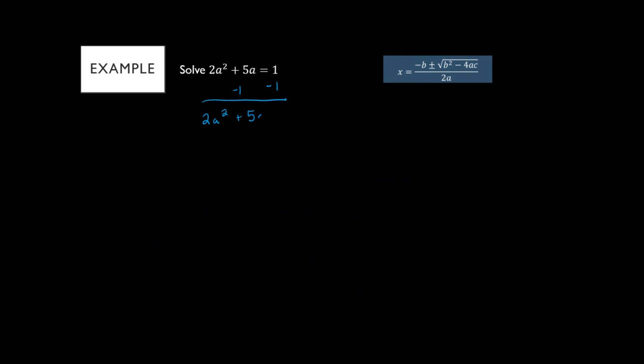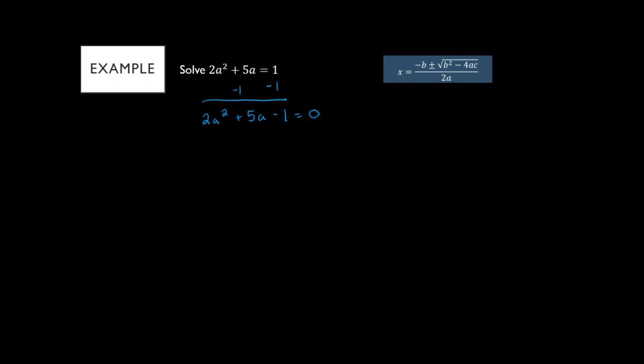I can't subtract 1 from anything with an a, so it's just rearranging it. So we have 2a squared plus 5a minus 1 equals 0. And that's the base that we always start with whenever we're solving a quadratic.